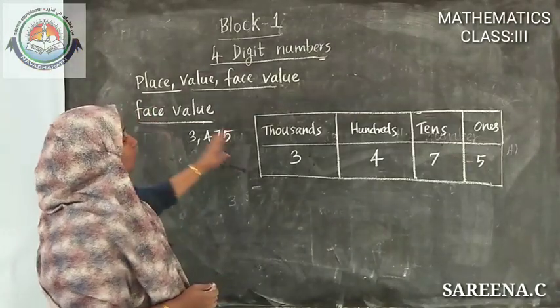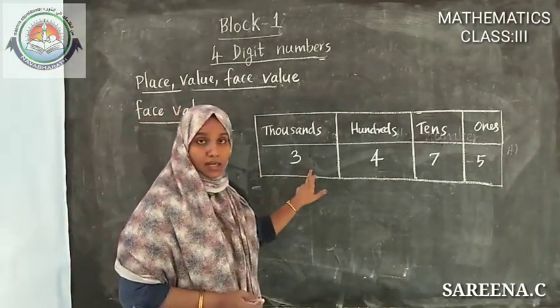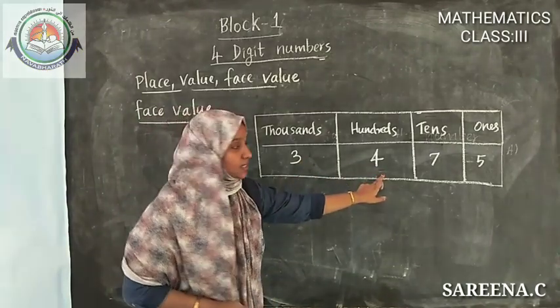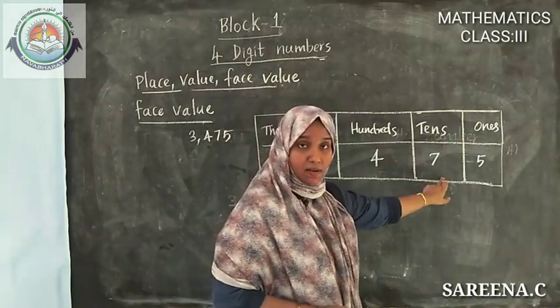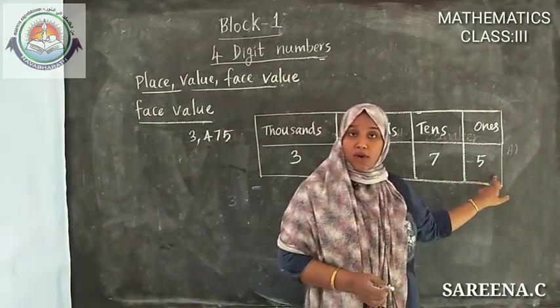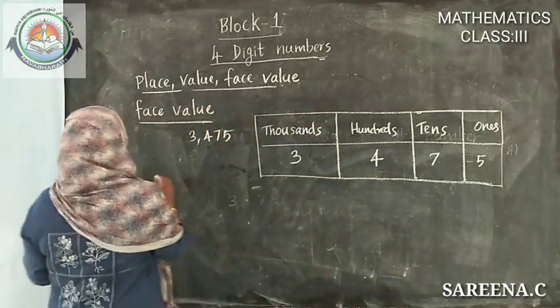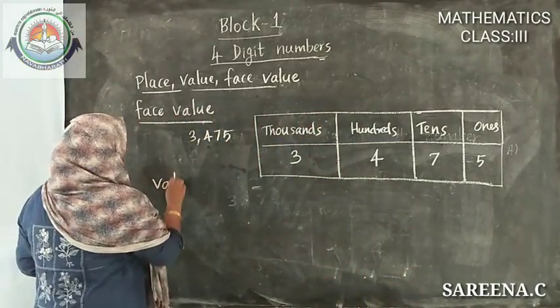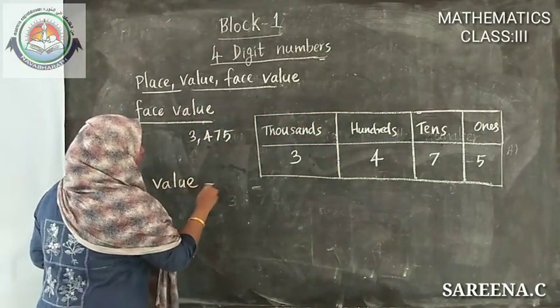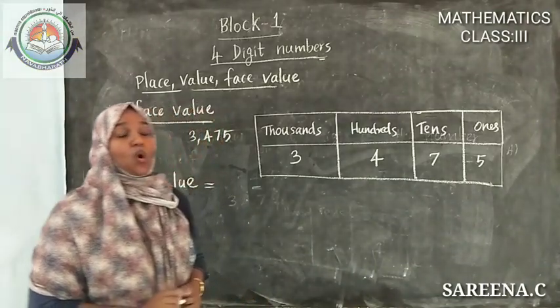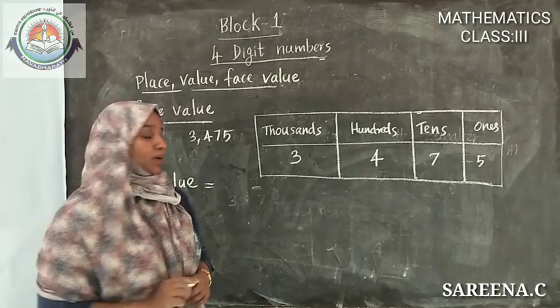Then face value of 3 is 3 itself, face value of 4 is 4 itself, face value of 7 is 7 itself, and face value of 5 is 5 itself. Then we can find out the meaning of value. Value of a digit in a number.